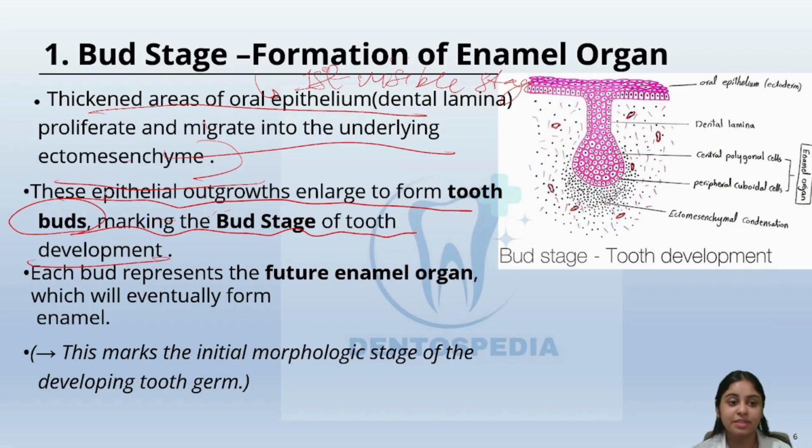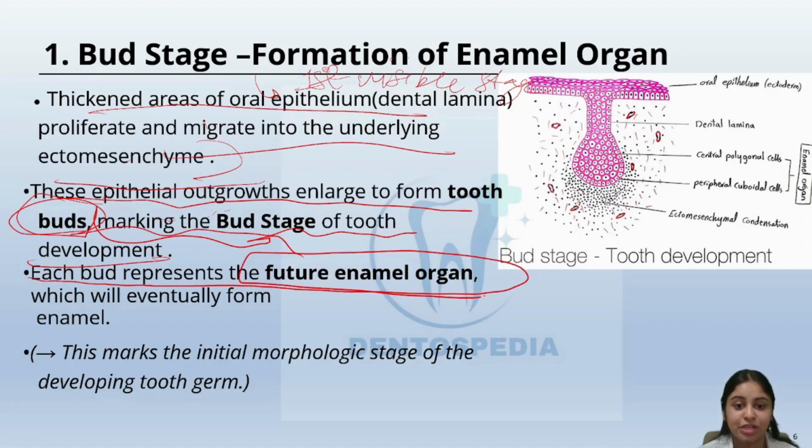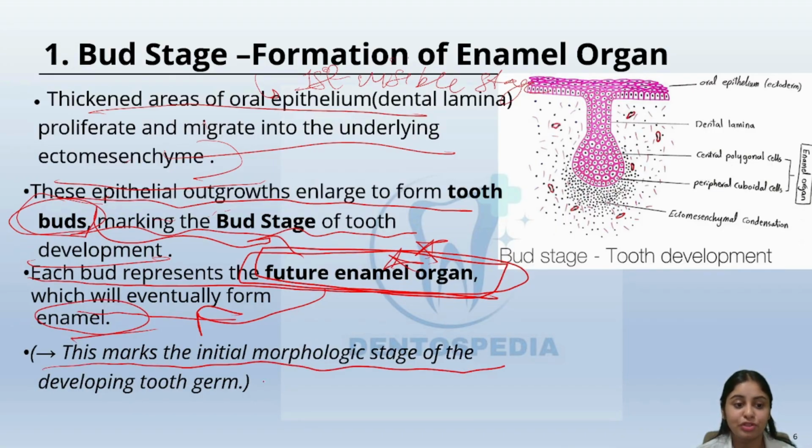So here in the bud stage, the tooth appears as a bud, hence it is known as the bud stage. And each bud represents the future enamel organ, very important, and this future enamel organ will eventually form enamel. And this marks the initial morphological stage of the developing tooth germ.